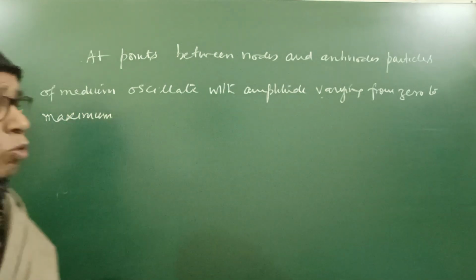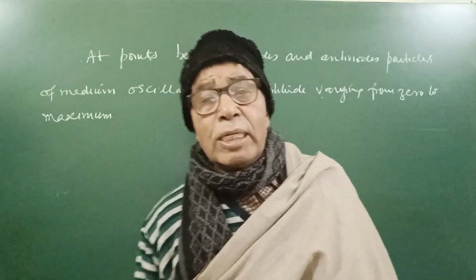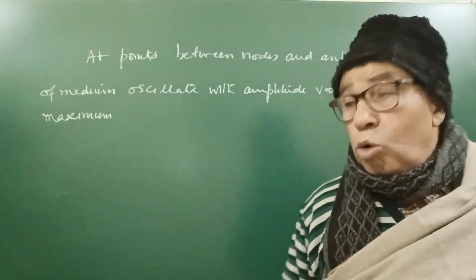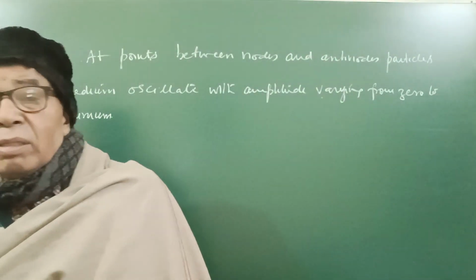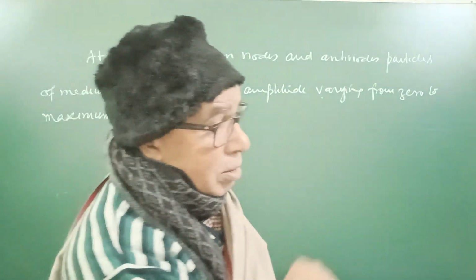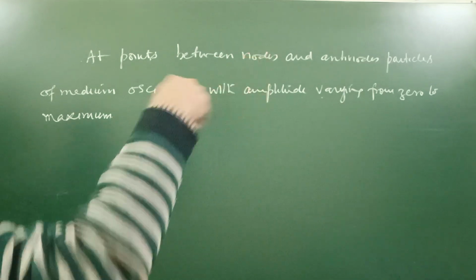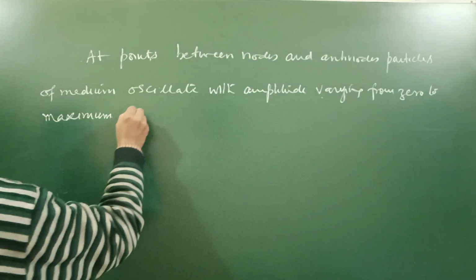That is, the amplitude at every point will be different. It is maximum at antinodes and 0 at nodes. And at other points in between, in a sequence, the amplitude will be either in increasing or decreasing order. I will show you in a coming video.